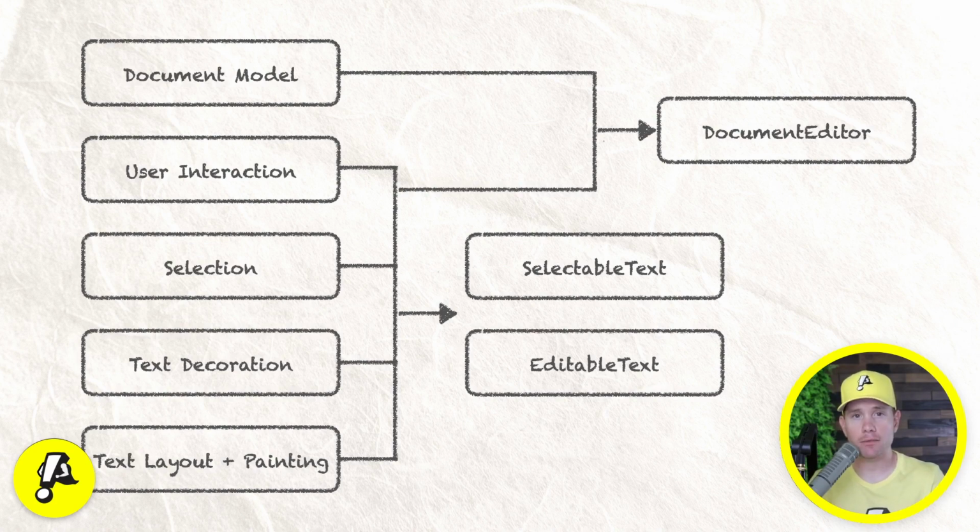That's your document model. It could be as simple as a list of nodes. Image node, header node, paragraph node, whatever. It can be as simple or complicated as you want, but there needs to be some kind of document model. Take that document model, combine it with user interaction, selection, text decoration, text layout, and now you have a document editor.